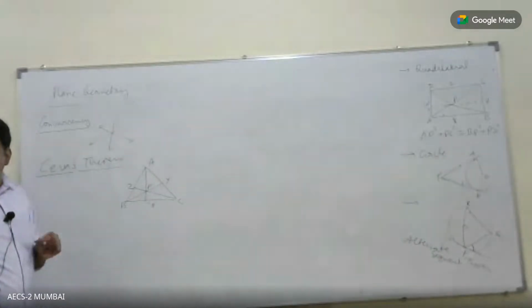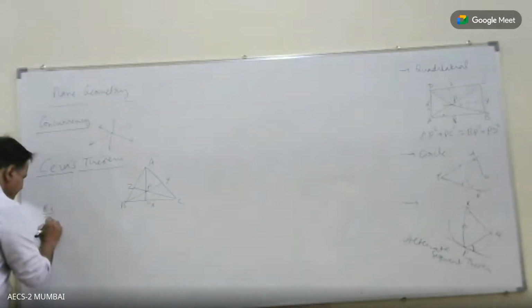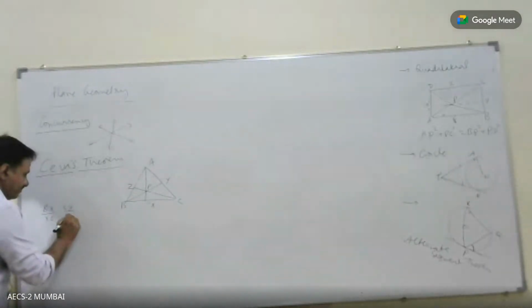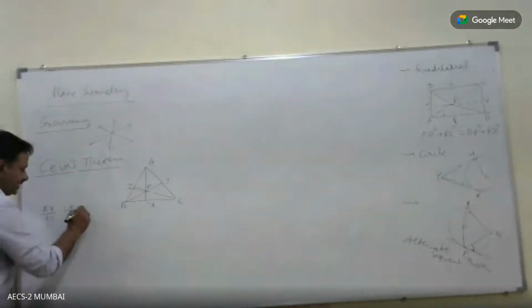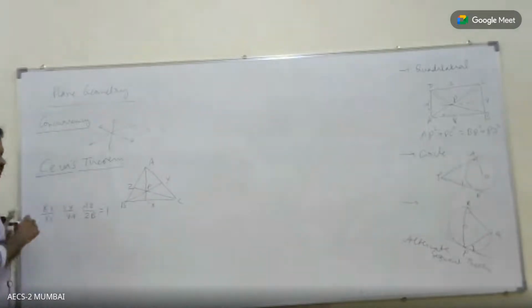If these Cevians are concurrent, we have BX by XC multiplied by CY by YA multiplied by AZ by ZB equal to 1.